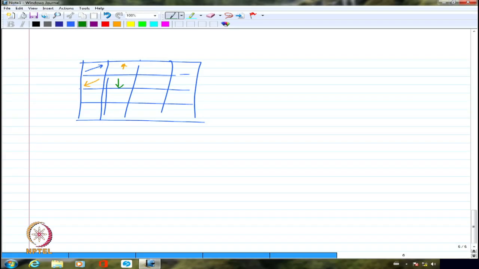Now, if I look at a new sample of iron, because all of them are randomly aligned in different directions, the net magnetic moment available is 0. It is not going to have any value at all.